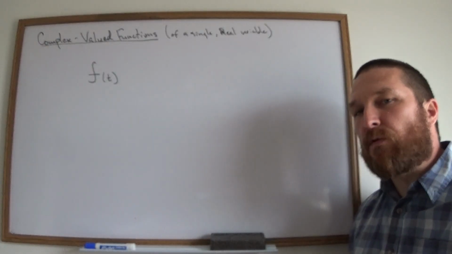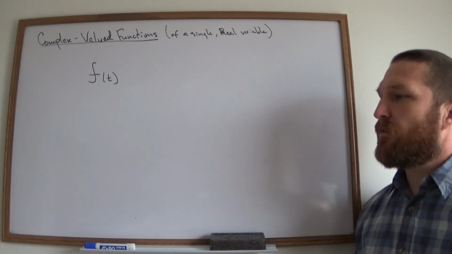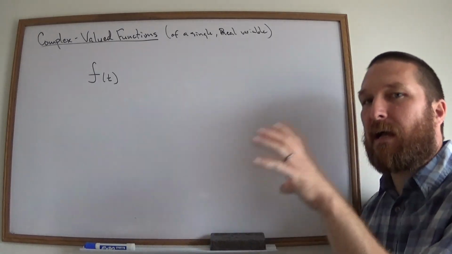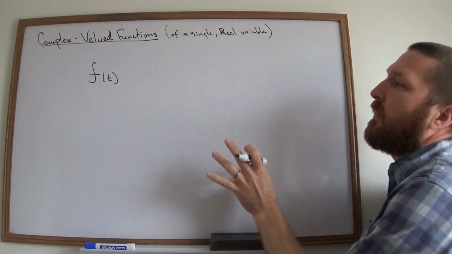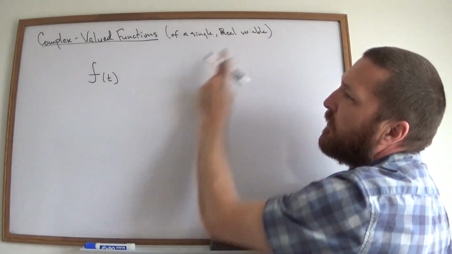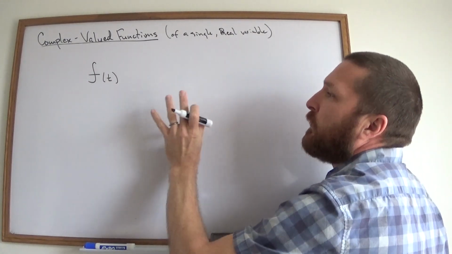First thing we need to do is talk about complex valued functions. These are functions whose outputs are a complex number. And we're going to restrict our conversation to where the inputs, the variable that are going in, is a single real variable.